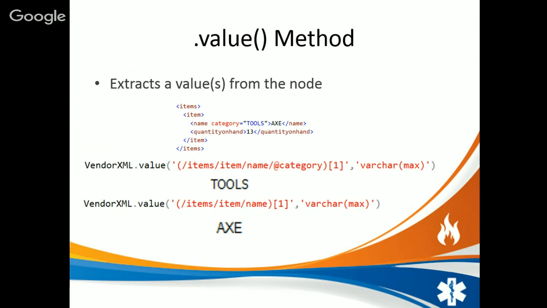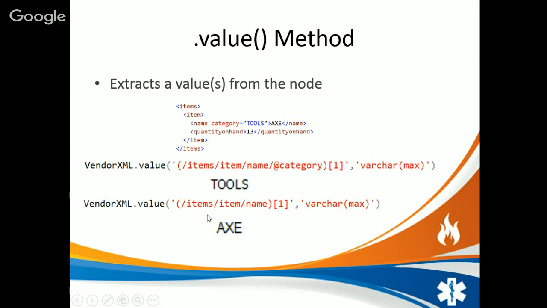The dot value returns the value of either the attribute or the node itself. Here we used items name and the @category attribute, and we've got tools. The little square brackets here denote which occurrence of the node you're looking for, and that is required.